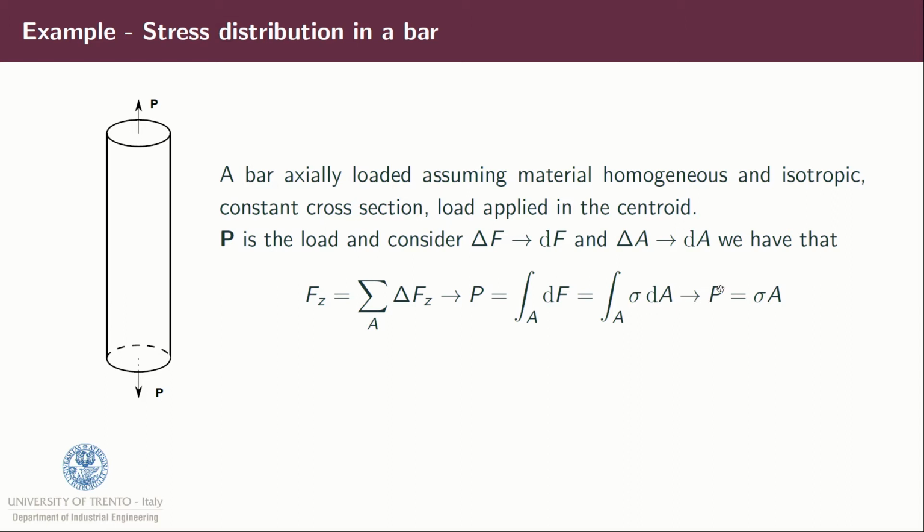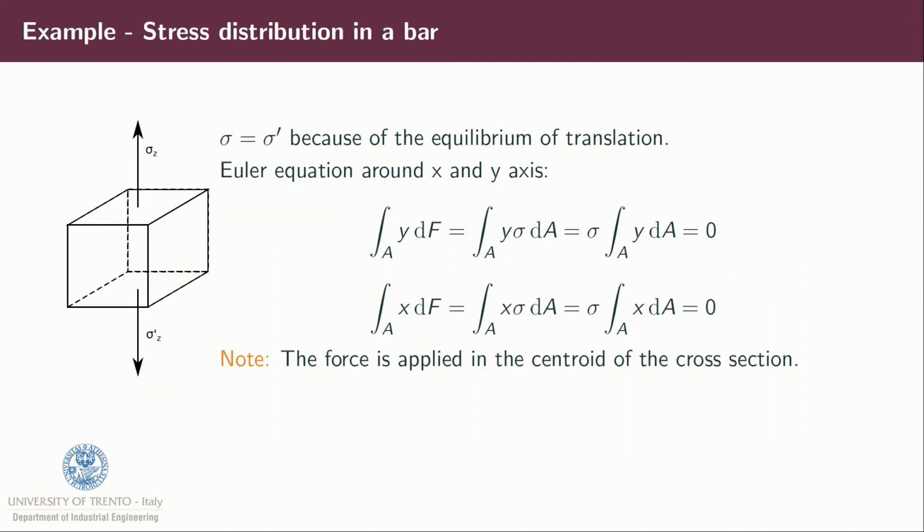So at the end, we have that the load P is equal to sigma times the area. If we isolate an infinitesimal cube, we have sigma z and sigma z prime, and in this case sigma is equal to sigma prime because we have an equilibrium for the translation.